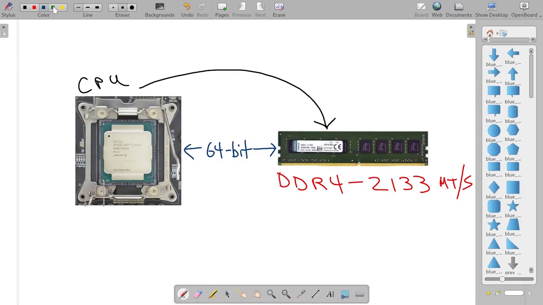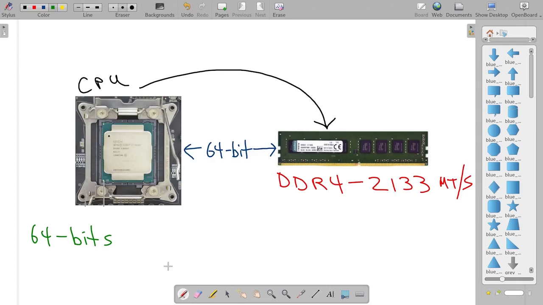Now, what does that mean? Let's go down to our little calculation area down here. 64 bits means that there's actually 64 circuits, and we can send 64 bits of data simultaneously per cycle.